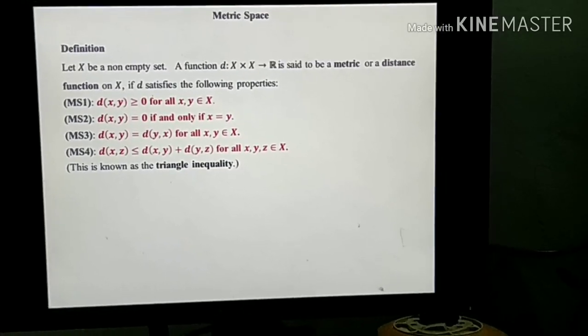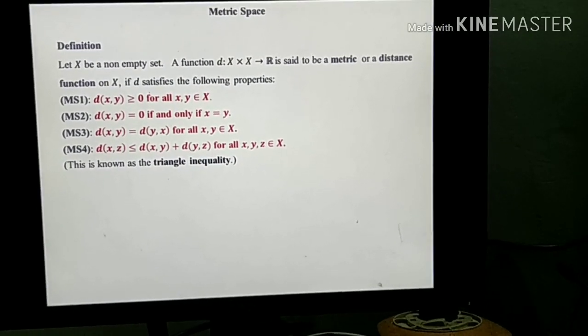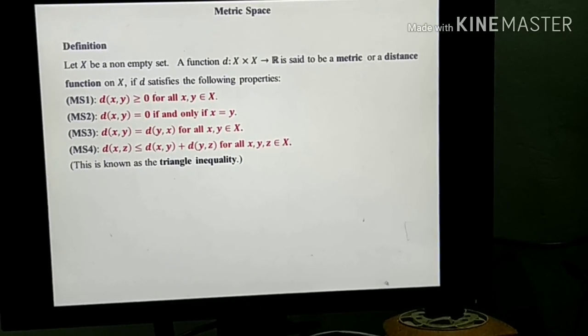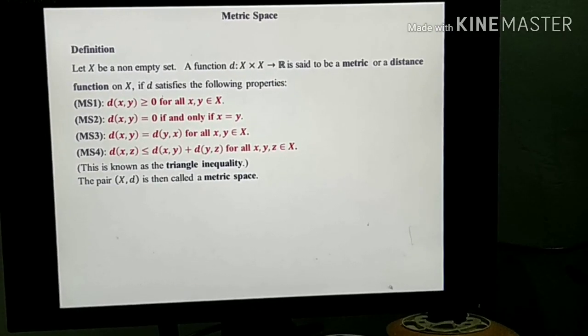If all these four properties are satisfied by D, then D is called a metric and the ordered pair (X, D) is called a metric space.